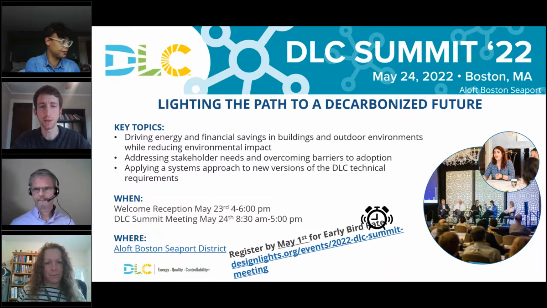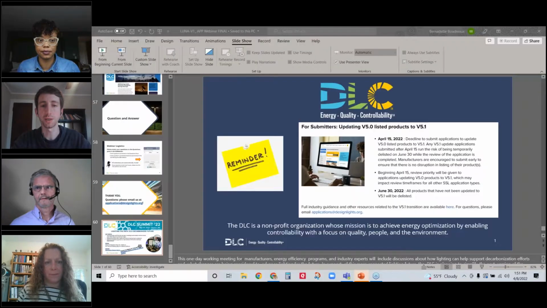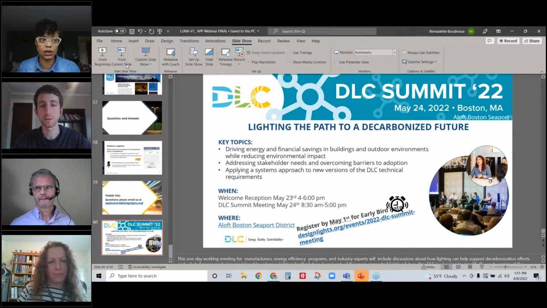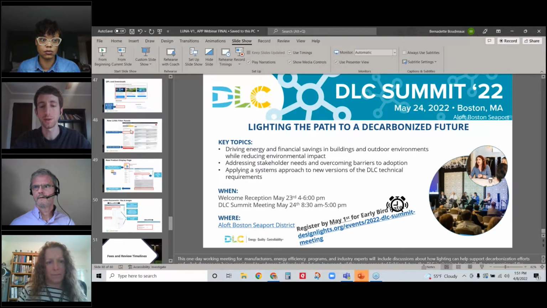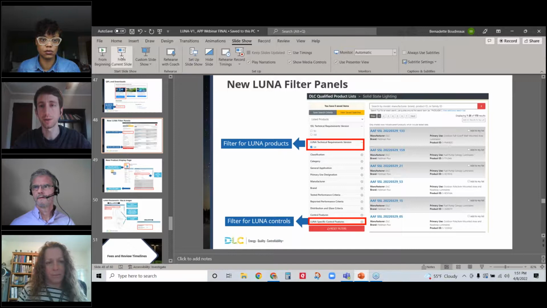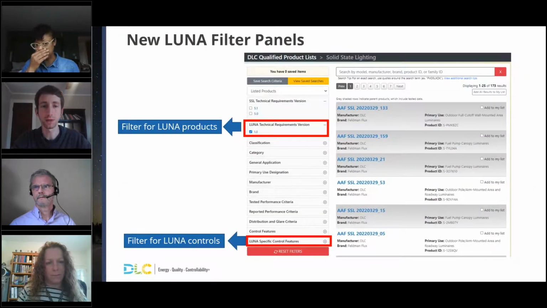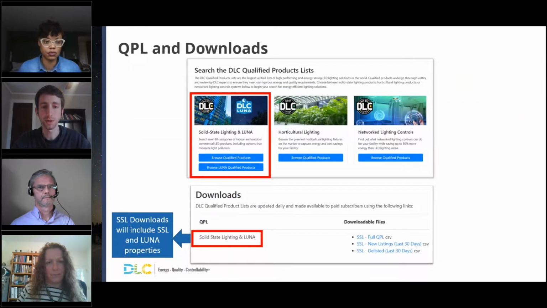One question came in about how products that are LUNA qualified are shown on the QPL, specifically if LUNA products show up in both the SSL and the LUNA QPL lists. So the LUNA designation is within the SSL QPL. If you go to qpl.designlights.org, there's an option to click a button to have it pre-filtered for LUNA.